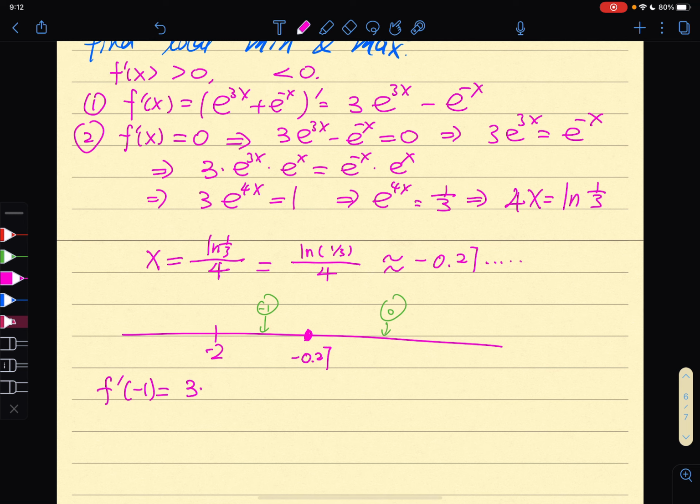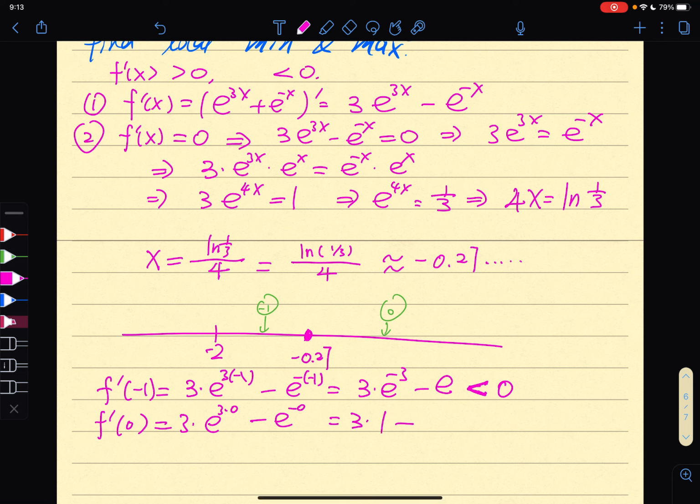It is 3 times e to the 3 times negative 1 minus e to the negative of -1. It's 3 times e to the negative 3 minus e, right? If you plug it into the calculator, you will realize this is actually less than 0, because this is greater than 1, this is less than 1. And then I have f prime of 0, which is 3 times e to the 0 minus e to the negative 0. 3 times 1 minus 1, which is clearly greater than 0.